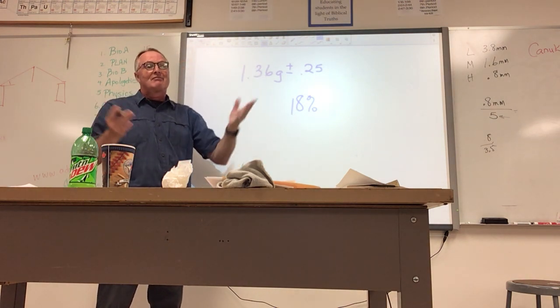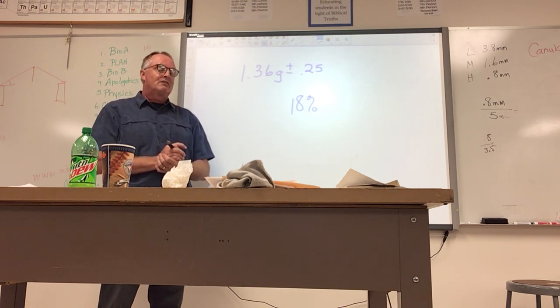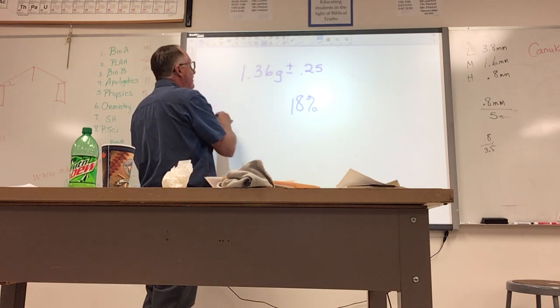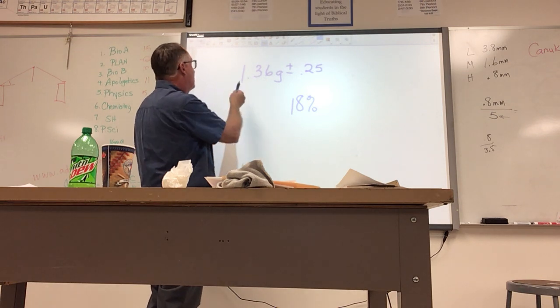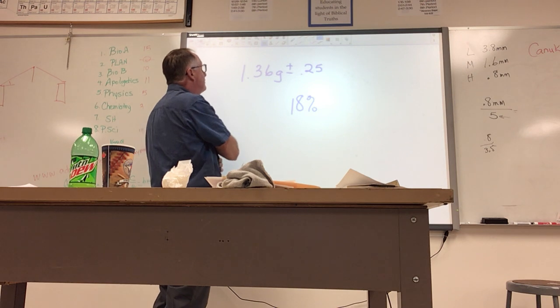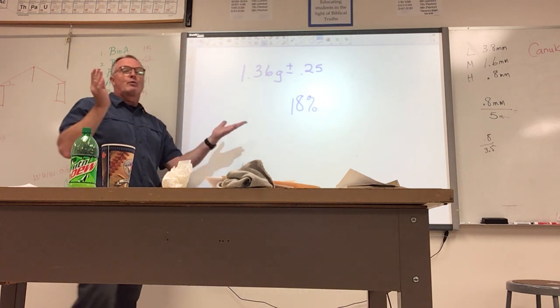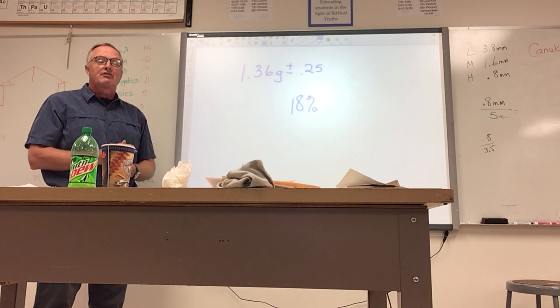I mean, if you're within 18%, you really have no idea how much that paperclip weighs. 1.36, but it could be all the way up to 1.61, or it could be all the way down to 1.11. That's a huge range in there. The smaller the number, the larger the percent error is going to be.